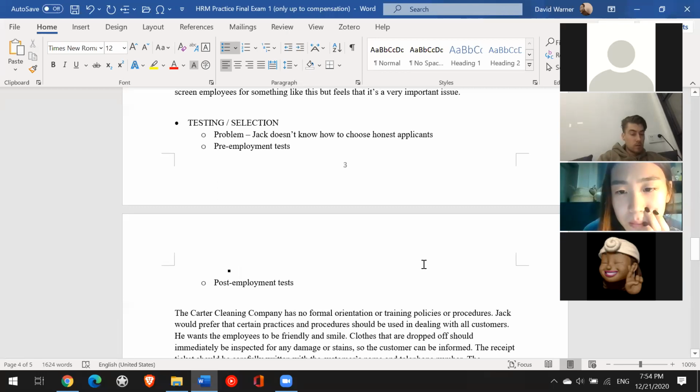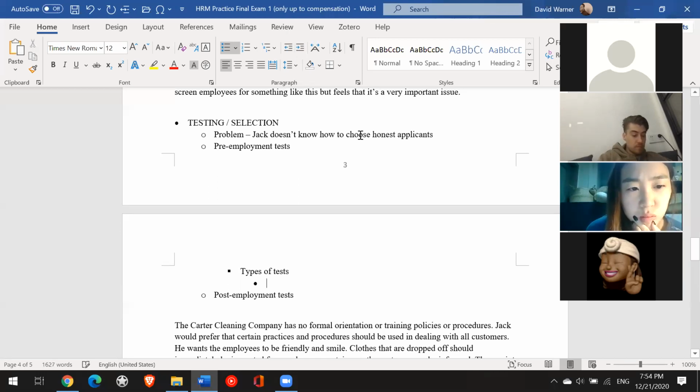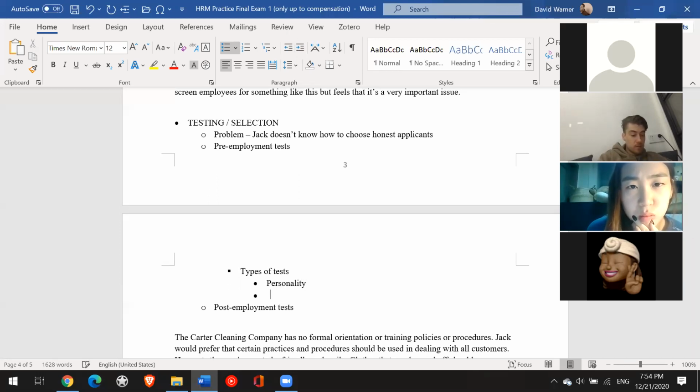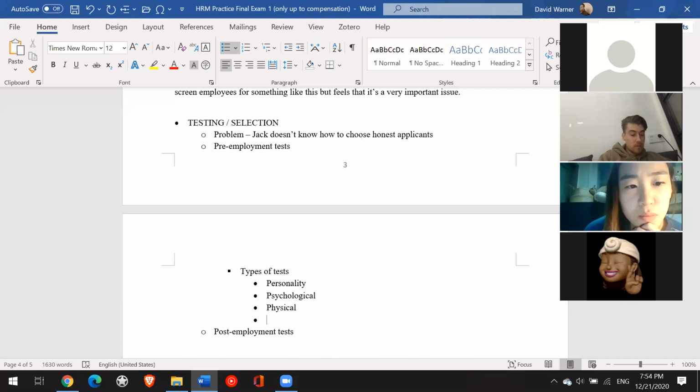Types of pre-employment tests. Sure, that's one thing to know. Can you tell me some types? Personality, psychological, physical, alcohol and drugs, integrity, and skills.